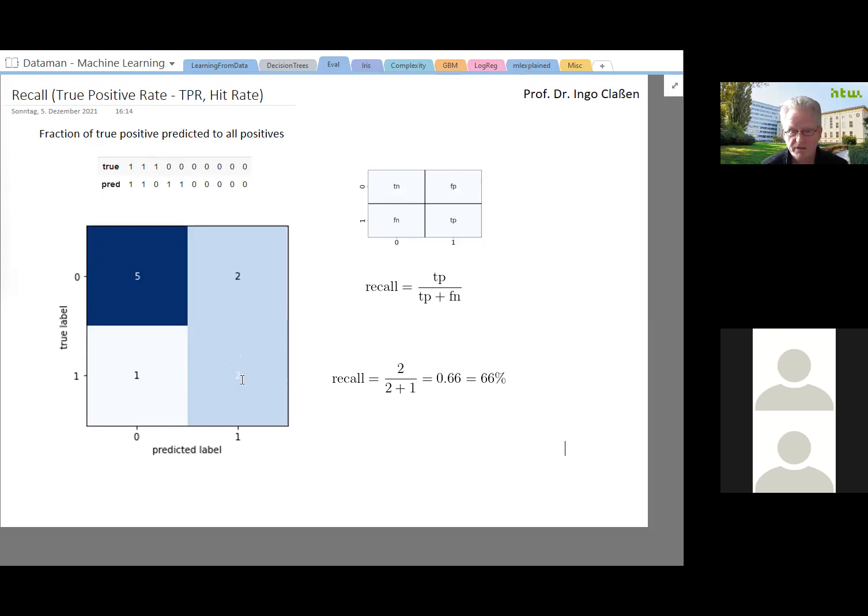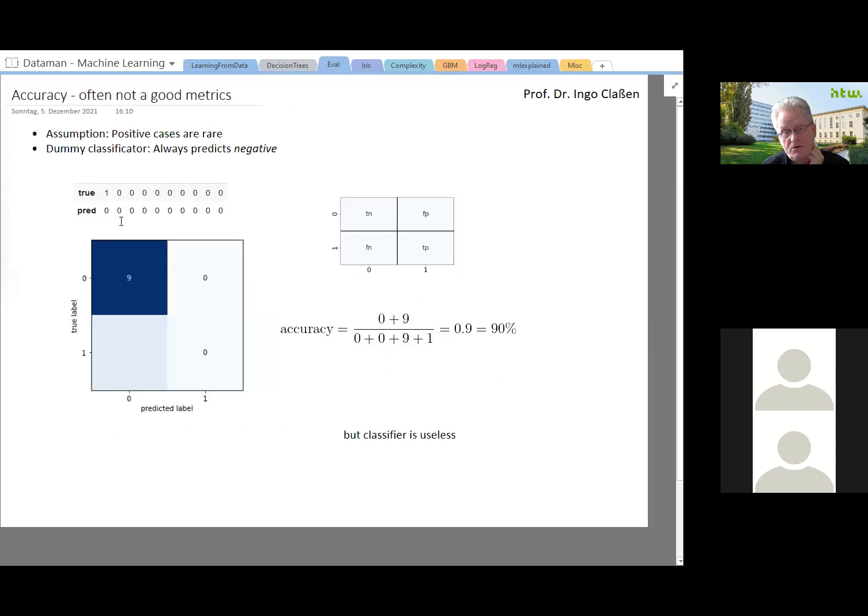And that were 2 here in that case. So we don't take the whole confusion matrix, but we take only the positives and take the fraction of which ones we have predicted correctly. And so we got a recall here of 66%.